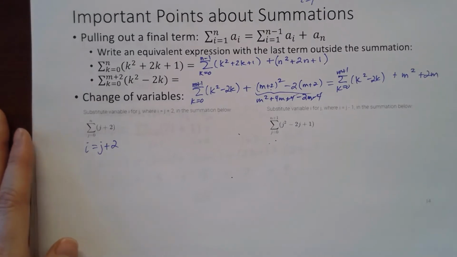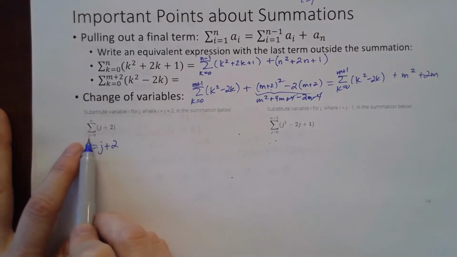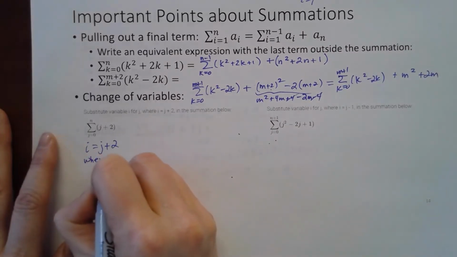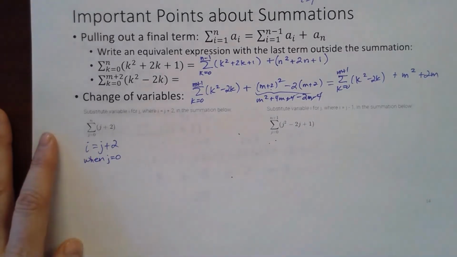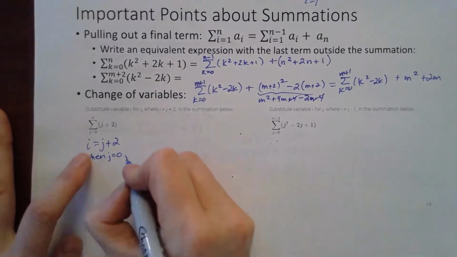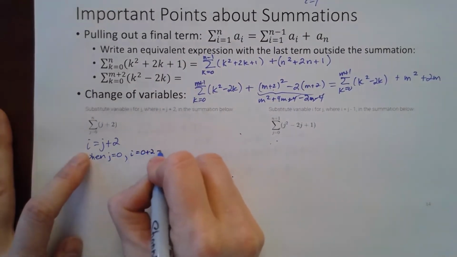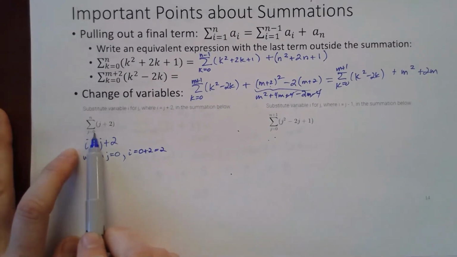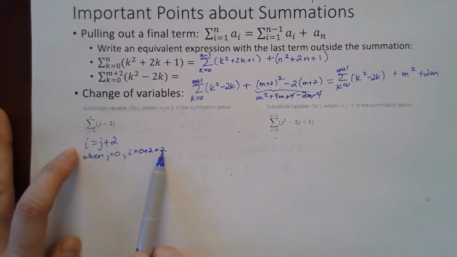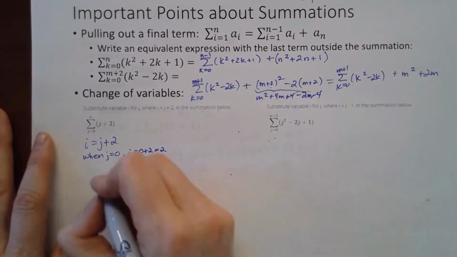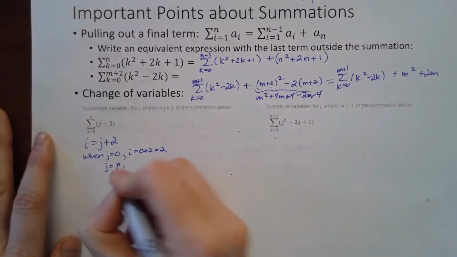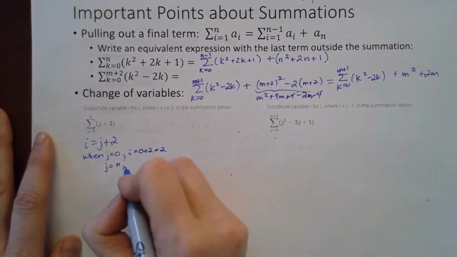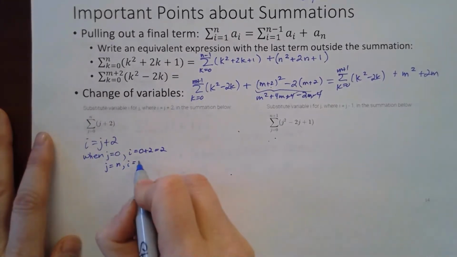Let's consider, when j is 0, what would i be? i would be equal to 0 plus 2, or 2. So starting j at 0 is equivalent to starting i at 2. And then when j is n, our upper limit, since i is j plus 2, i would be n plus 2.